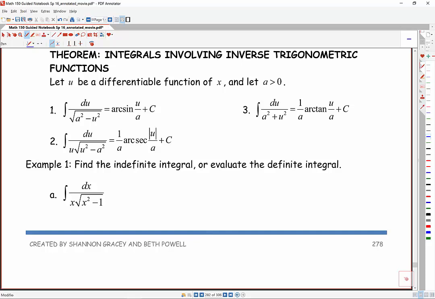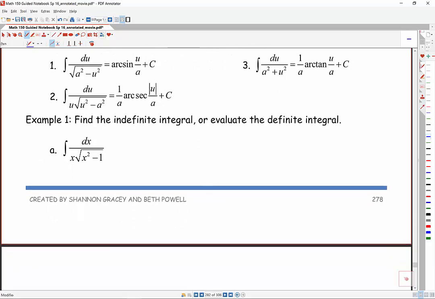So look at part A, right? Let's look at these formulas and see if any of them might apply. Can I write this in the format of the other ones? I'm looking at that arcsecant formula, right? If you wanted to, you could say x is equal to u, so dx would be equal to du. You see that?